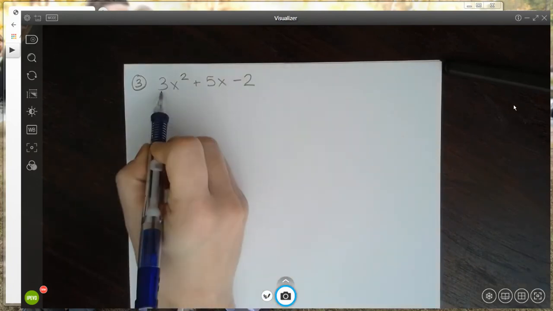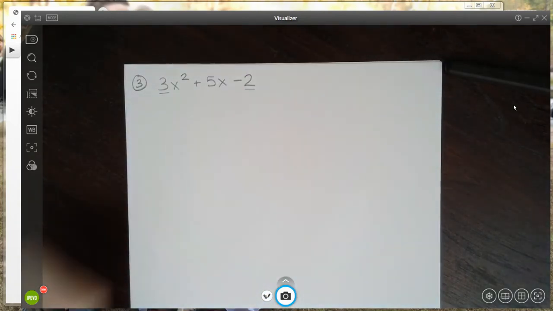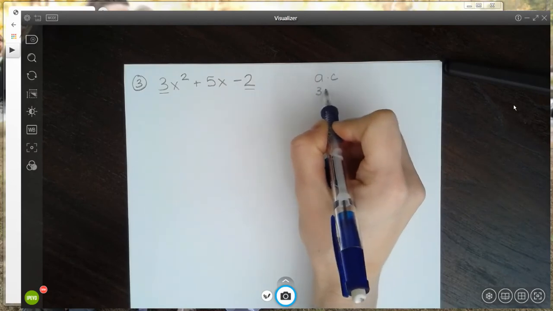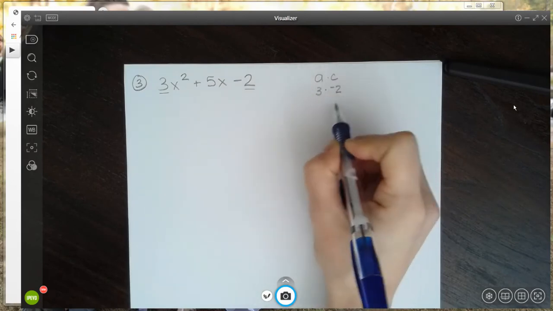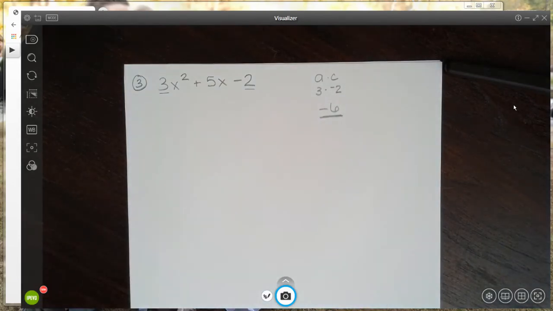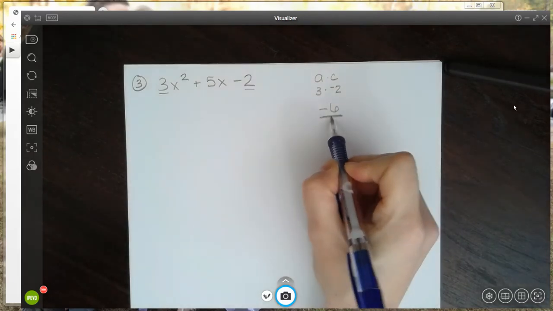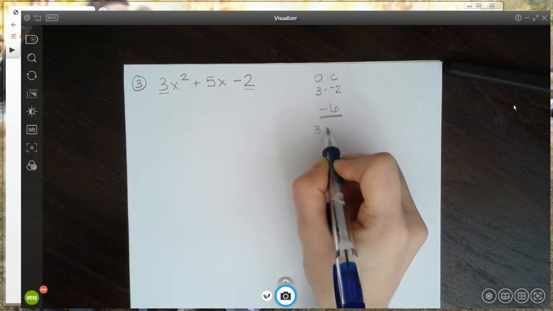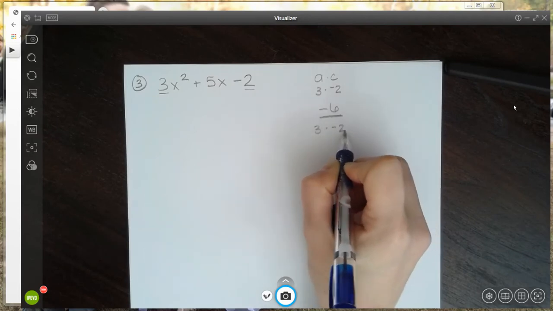So I'm going to start by taking my a value and my c value, and I'm going to multiply together 3 times negative 2, which means I'm breaking down negative 6 in my factors. So what two numbers multiply together to make negative 6? Well, I could have 3 times negative 2.